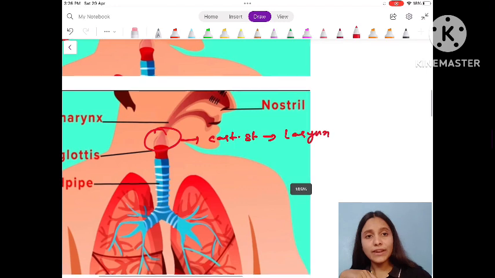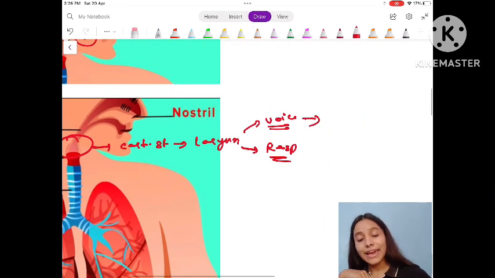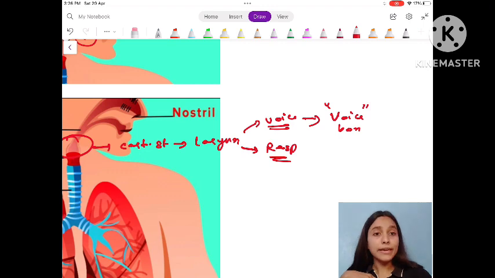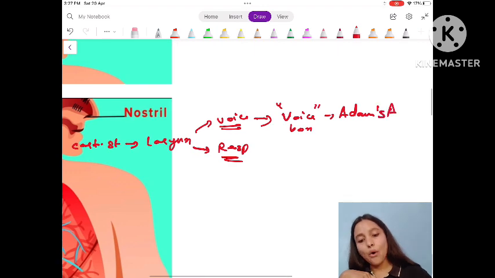What is the function of the larynx? The larynx has a twofold function: the production of voice, and secondly it helps in the process of respiration. As it helps in the production of voice, we call it the voice box. In males, you have seen this voice box visible outside. It is like a protruding structure, and that is what we call the Adam's apple in males.